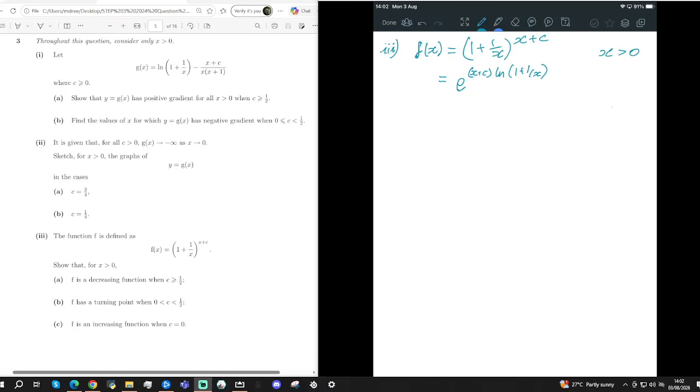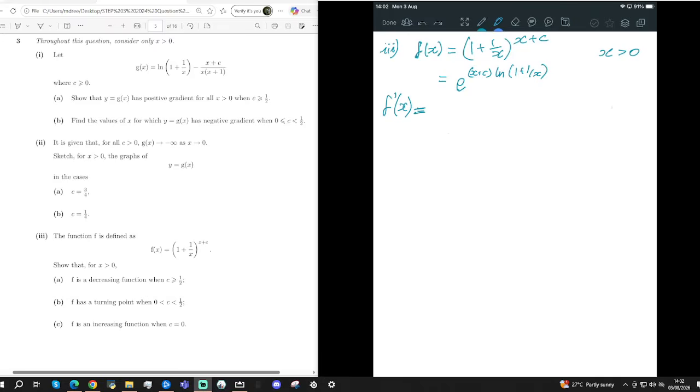So I'm going to rewrite f of x in that slightly silly way, and then I want to differentiate this, which involves differentiating the power using the product rule.